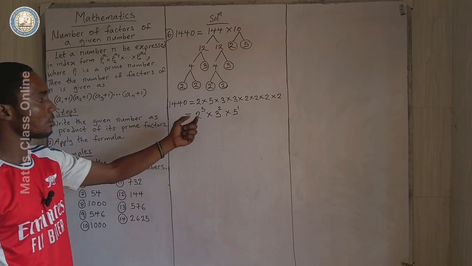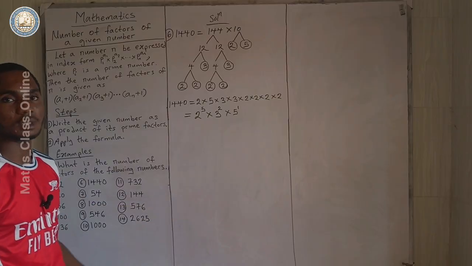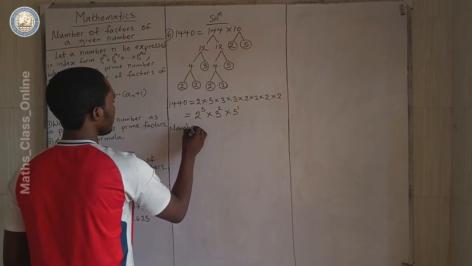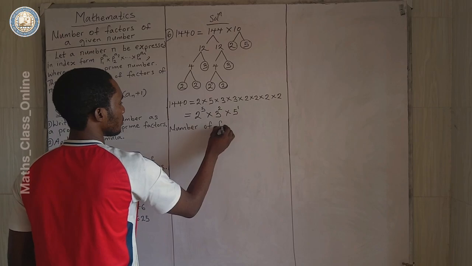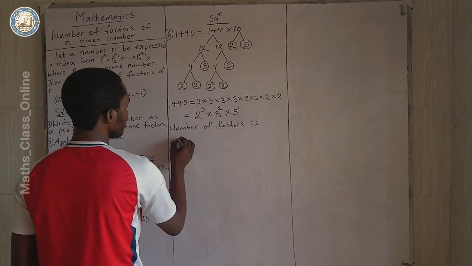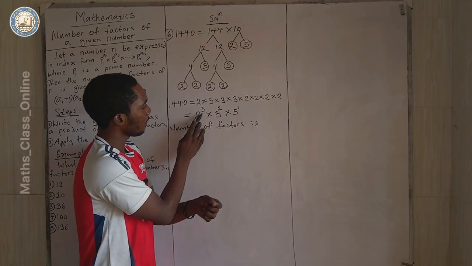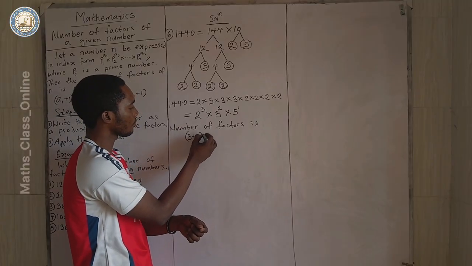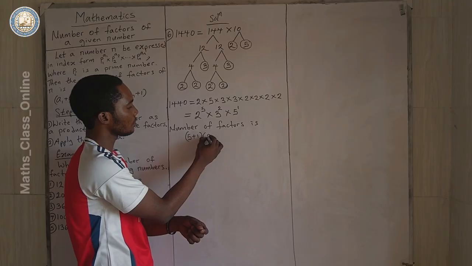What will be the number of factors of 1440? The power here is what? 5. Add 1 to it. Power here is 2.